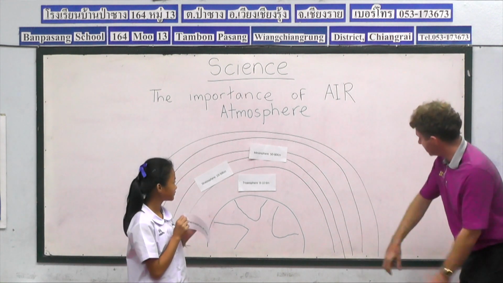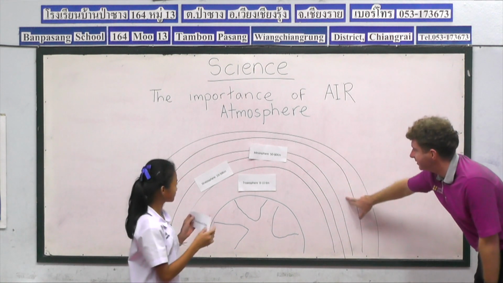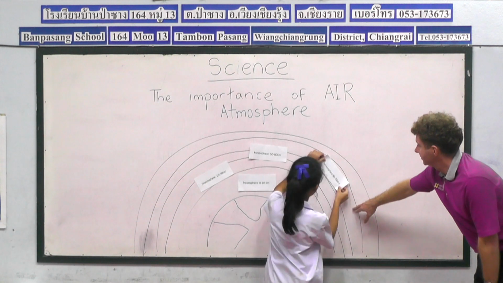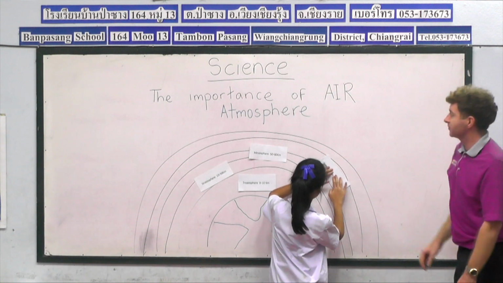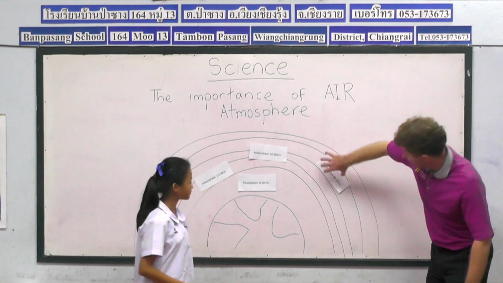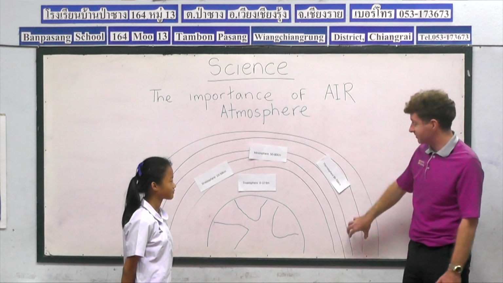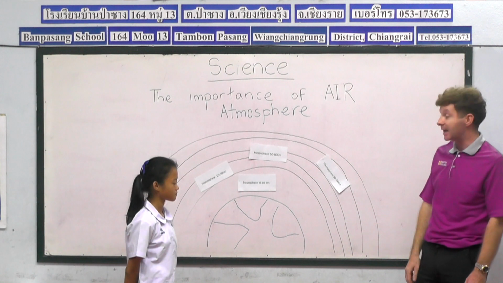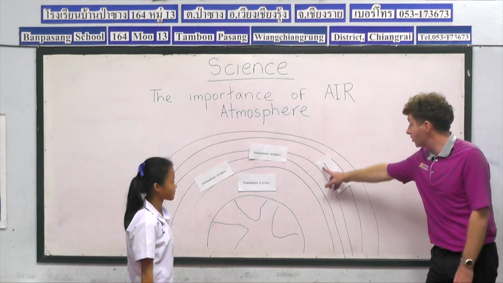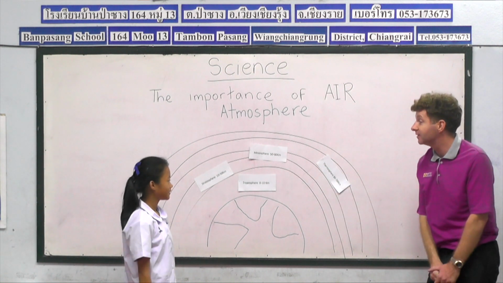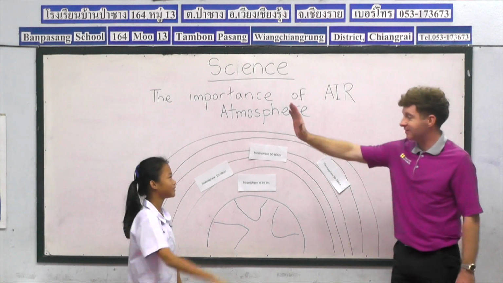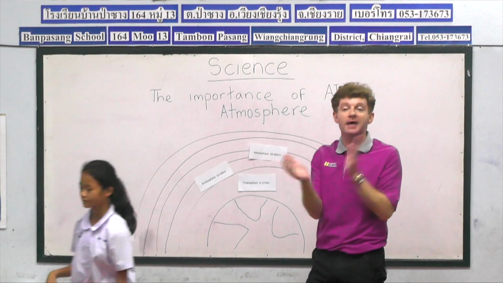And this time, can you put it somewhere around here for me? Because I want everybody to realize that the atmosphere goes all the way around the Earth. So as long as it's in the right layer, it can be anywhere. That was excellent. One more time. Thermosphere. Perfect. High five. Big round of applause for Dan.